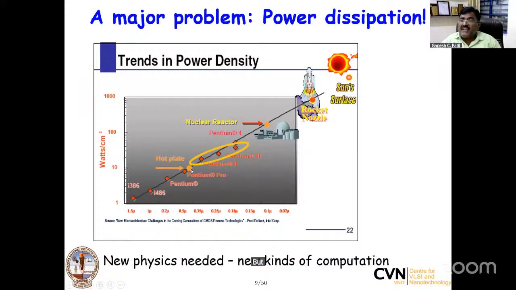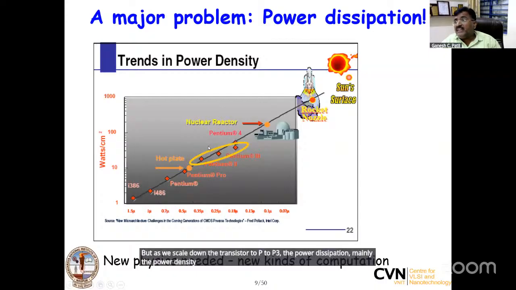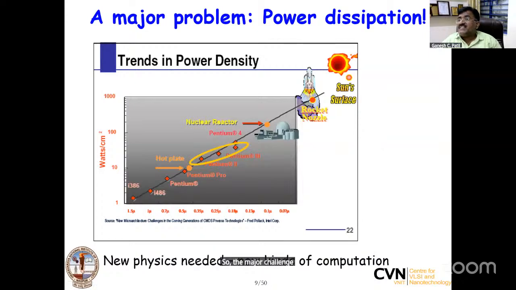But as we scale down the transistor to P2, P3, the power density, particularly leakage power or static power, is reaching nuclear reactor power dissipation, and soon it will reach rocket nozzle or sun surface levels as well. So the major challenge for today's semiconductor industry is the leakage power density.